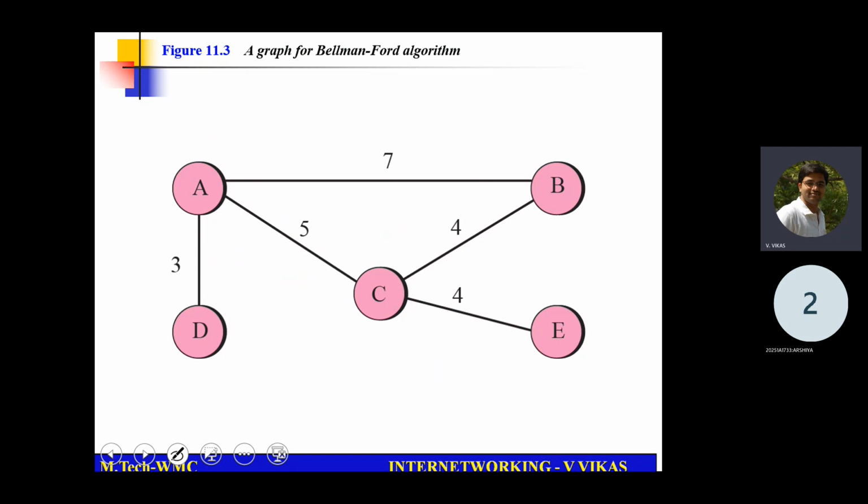So basically, the distance vector routing algorithm works on the Bellman-Ford algorithm. Here we are just describing the Bellman-Ford algorithm. We have a graph, something like this, and as per the Bellman-Ford algorithm, if I consider A as the starting node, what is the routing table, or what are the shortest paths?